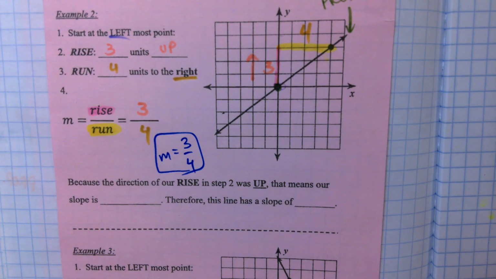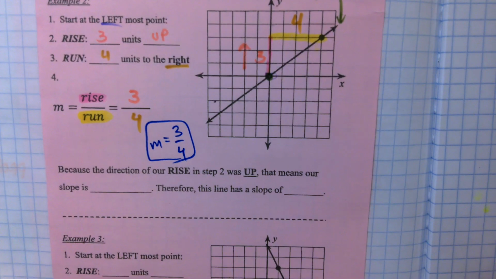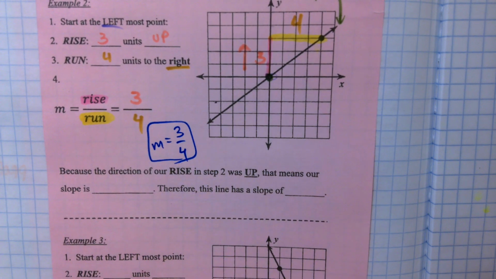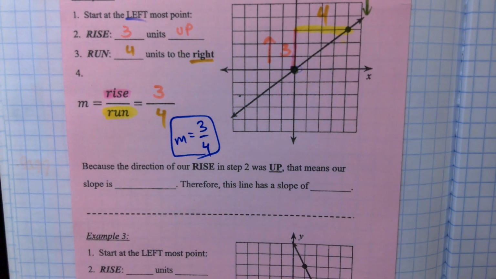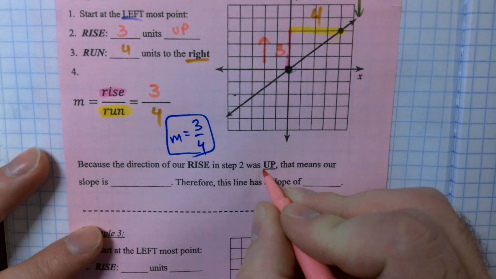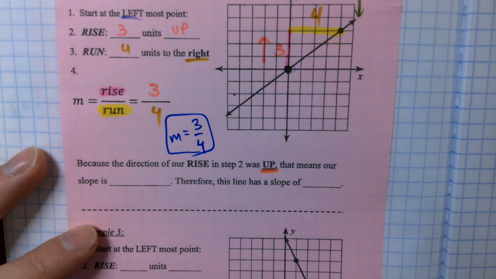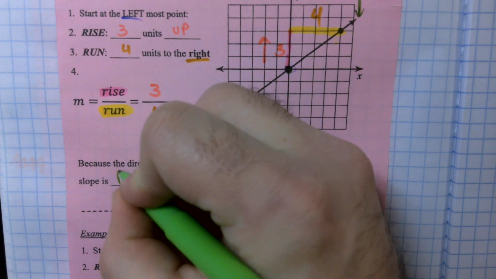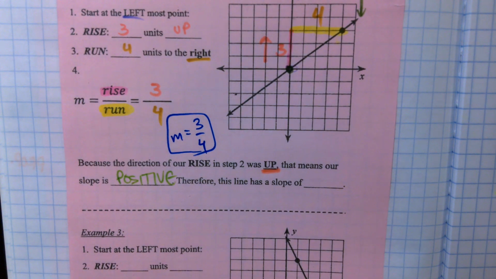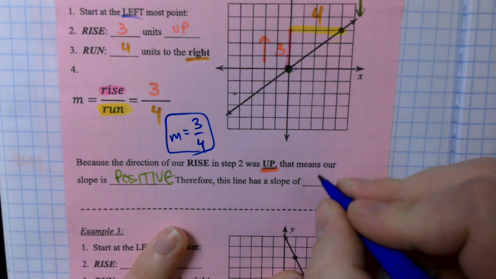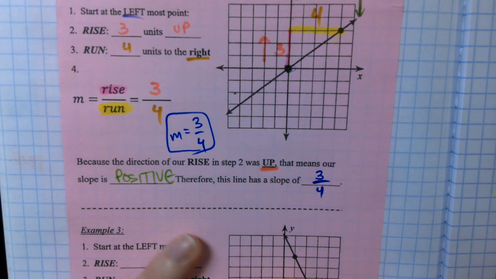We can tell because slope is just a measure of how steep something is. Now, because the direction of our rise once again was up, that means our slope is going to be positive here. Therefore, we've got a slope of positive 3 over 4.